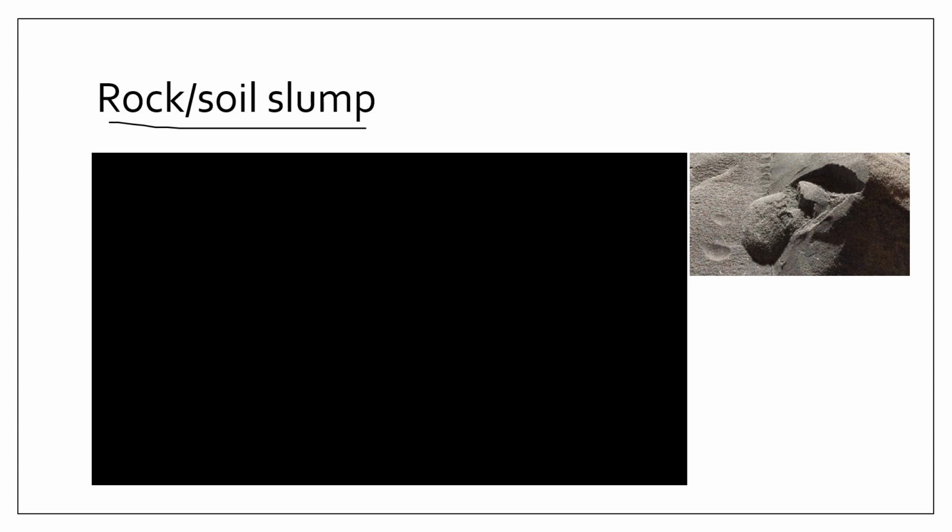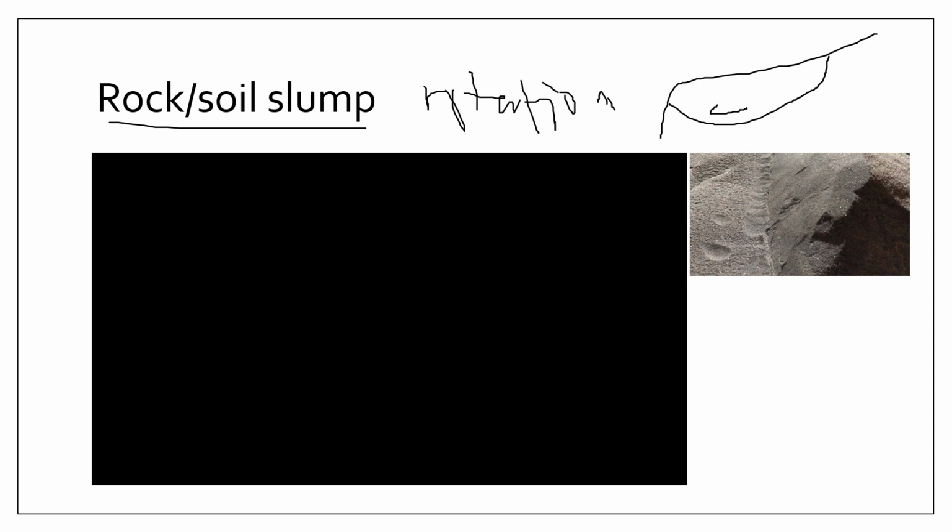So remember, in a rock or soil slump or in a rotational slide, the key feature here is a rotational failure surface. And this is mainly driven by the inherent weakness of the whole slope material itself, right?